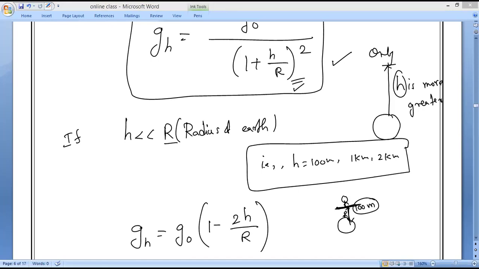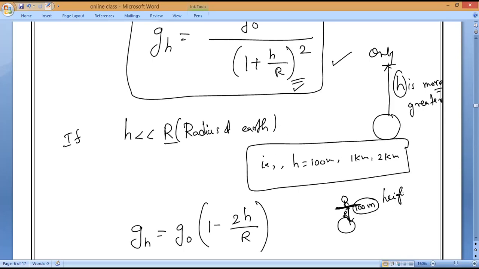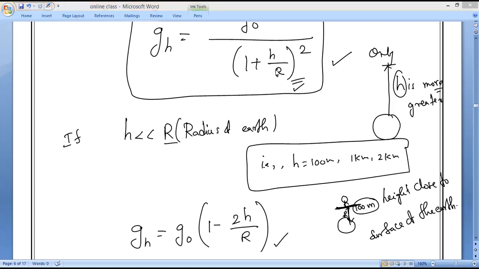Any doubt, anybody? Are you clear? If it is a large distance, like 50 kilometers, 100 kilometers, 1000, 3000 or 4000 kilometers traveled, then we have to use the first formula.